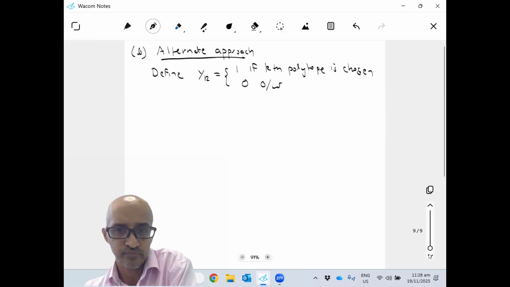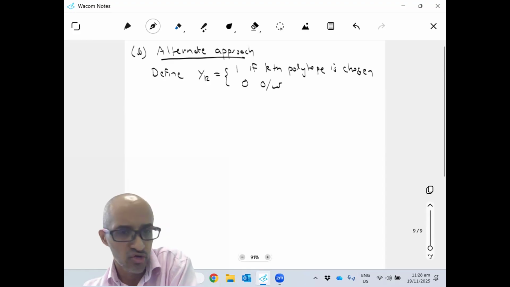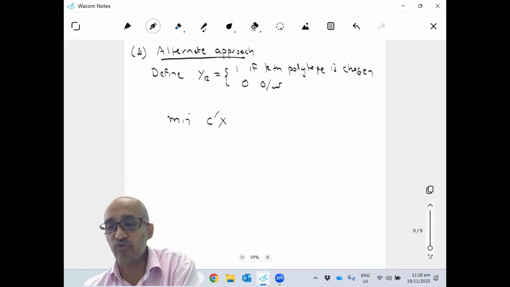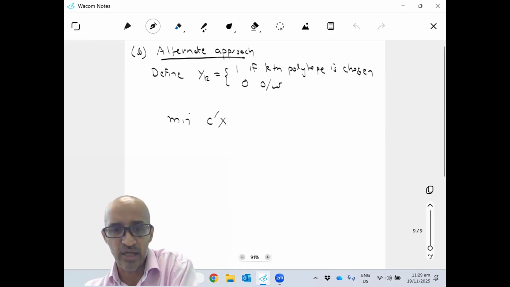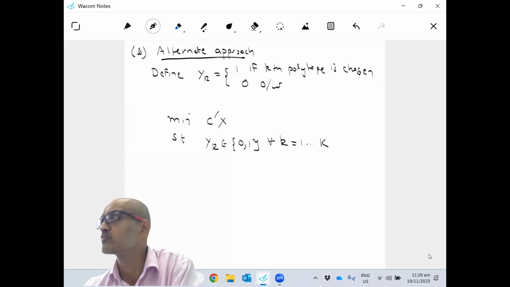So how will you solve this? I want to minimize C transpose X. I've got k different polytopes, so I have to optimize over P1, or P2, or P3, and so on. So y_k is binary. I want to pick one of the k different polytopes.